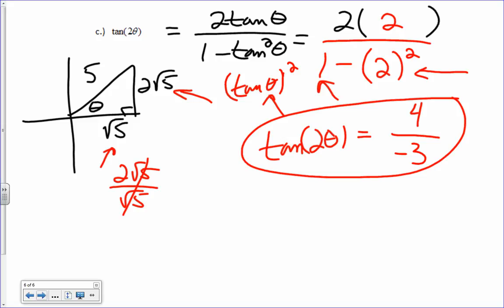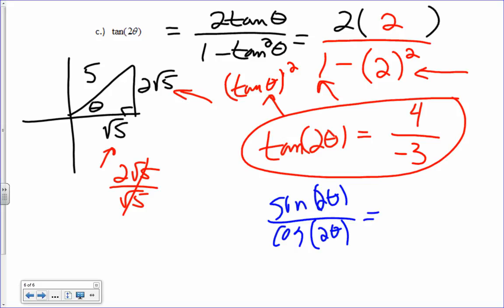All right. Any other ways we could have done that one? Yes. Yeah, this kind of goes back to the question earlier. Isn't tangent of 2 theta equal to sine of 2 theta over cosine of 2 theta? On this sheet, do we have the answer for sine of 2 theta, given the starting theta? We do.